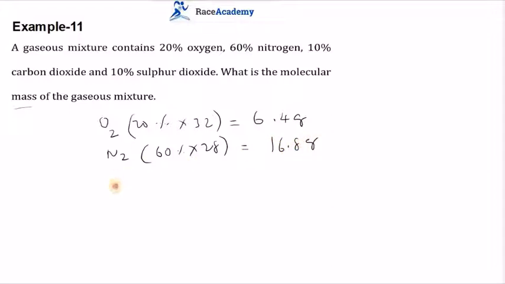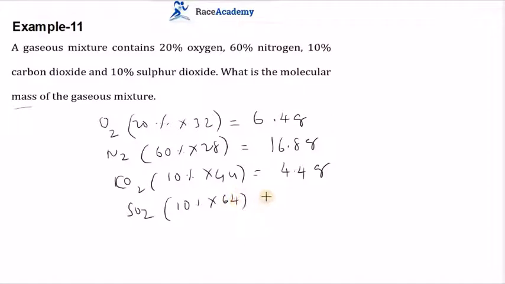you will get 16.8 grams. And they are telling 10% of carbon dioxide. Carbon dioxide molecular mass is 44 into 10%, which is 0.1, so it is 4.4 grams. Likewise, sulfur dioxide is also given, that is 10% into the molecular weight of sulfur dioxide, which is 64.